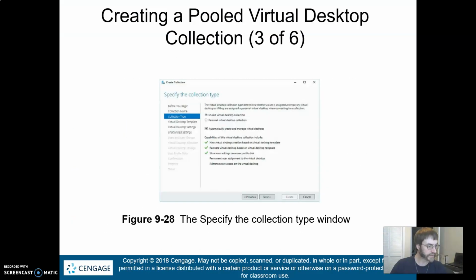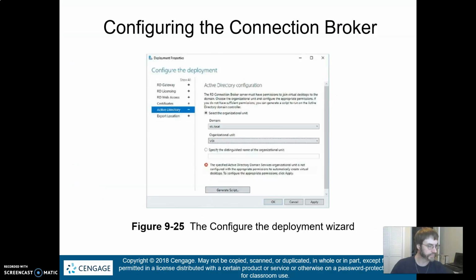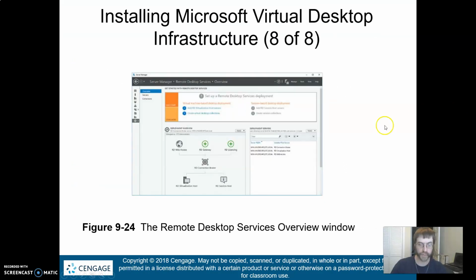Let's go back. Here we go. If you were looking at your collections, your windows here change. You'll see a connection window here and a status window here, and you'll see your VMs. You can see your VMs in a couple different ways.